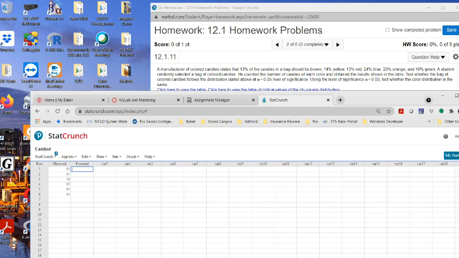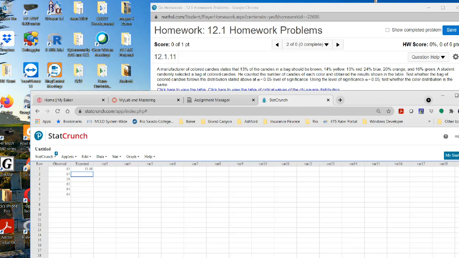Is this 396 times 13%, which is 51.48. And now I'm going to take the 396 candies times 14%. That's 55.44. And 13% should be the 51.48 again.